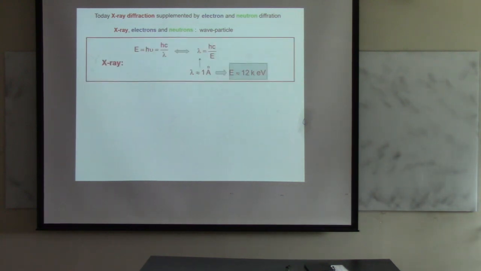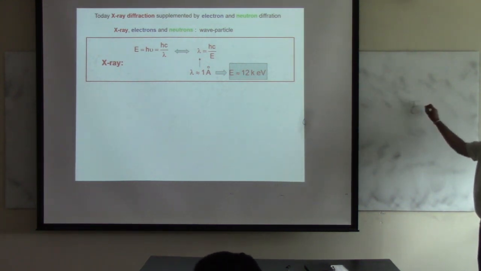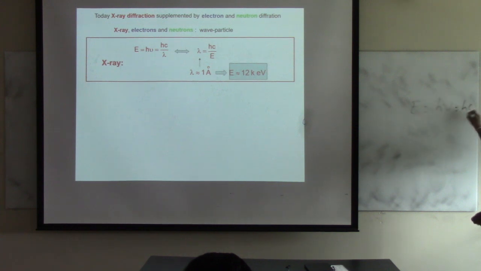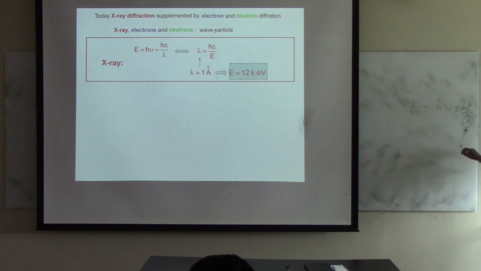But you can see they have some different properties. Like I said, X-rays are electromagnetic waves. What is the energy? It's basically h nu, or hc over lambda. We know the Planck constant, we know the speed of light, and if you know the wavelength, you can calculate the energy. Use about 1 angstrom, which means 10 to the power minus 10 meters.